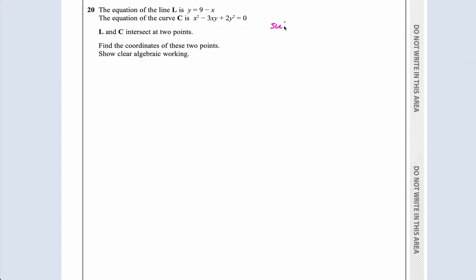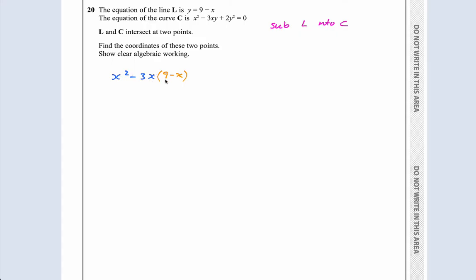Sub L into C. Now what does that mean? Instead of y in C, x squared minus 3x, I'm going to put y. Let's change color, guys, just for fun. 3x times y, 9 minus x. Obviously you don't change color, but I just want to make a point.